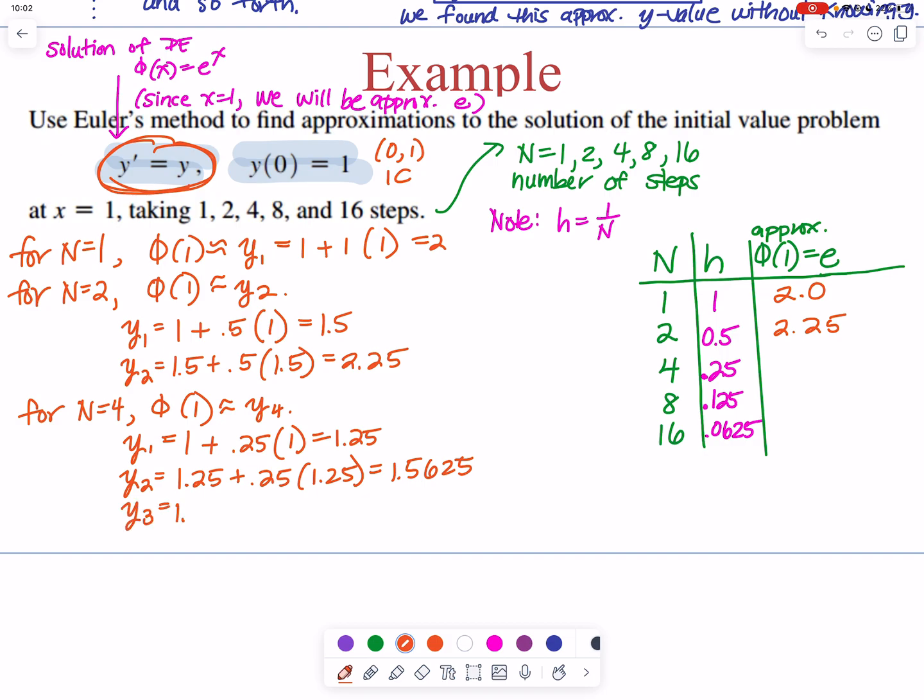Here we have 1.5625, that previous y value, plus our step size of 1/4 multiplied by the derivative evaluated, which is just equal to y. So y prime is the y value.